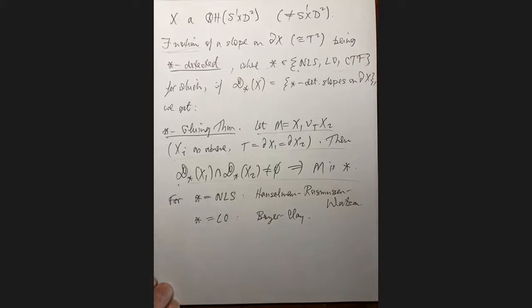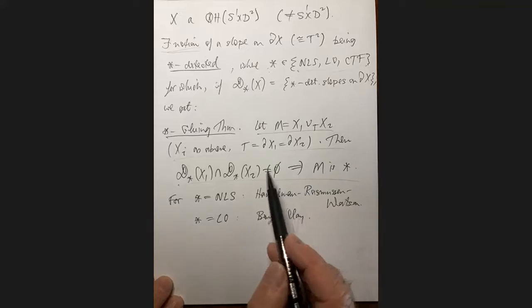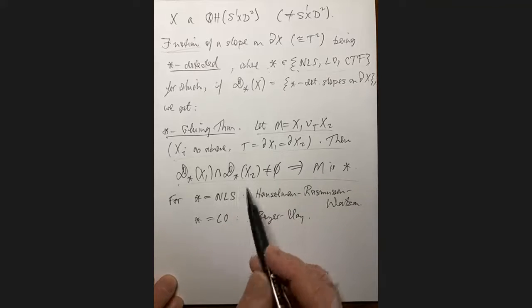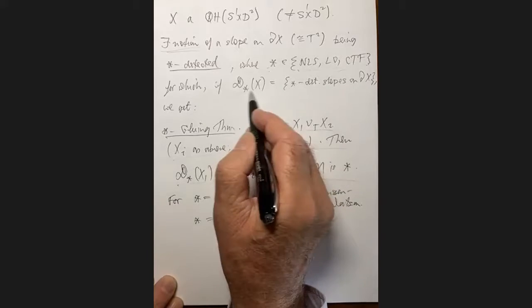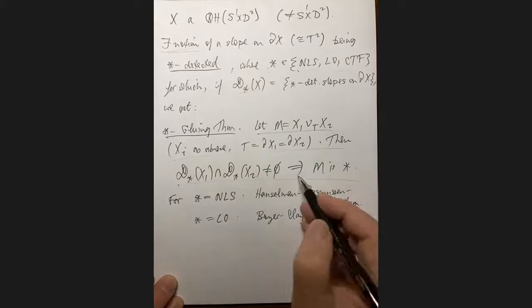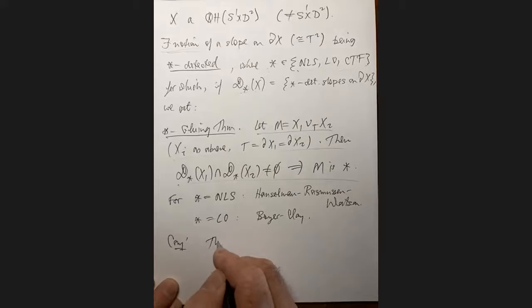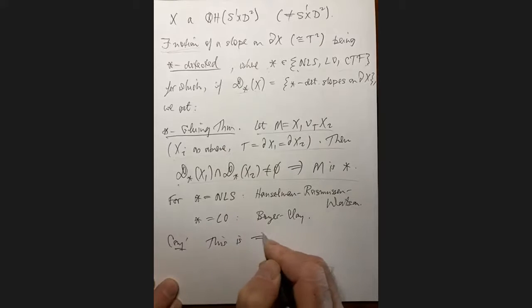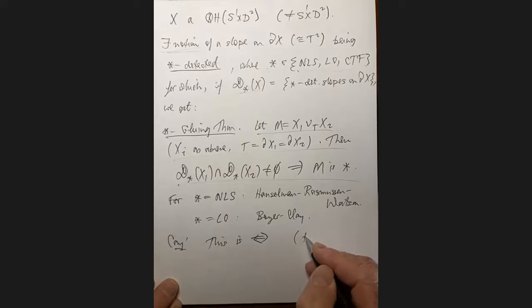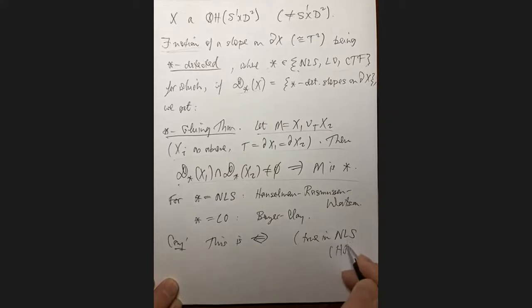And by the way, it's important in this gluing theory that you get the maximal set, you want to maximize this set. So really, one would like this to be an equivalence. Conjecturally, in fact, this is an if and only if. And this is known to be true in the NLS case by Hanselman, Rasmussen, and Watson.